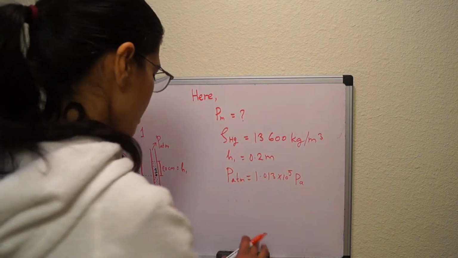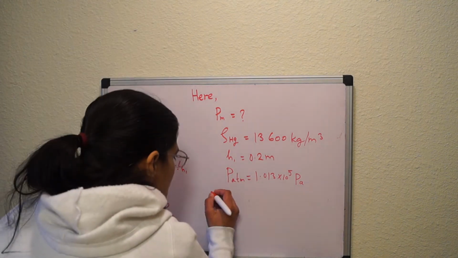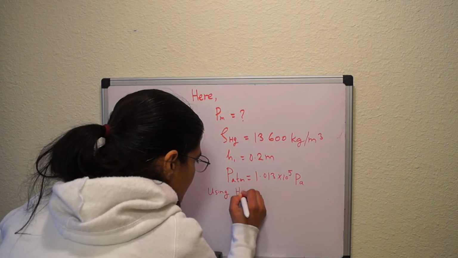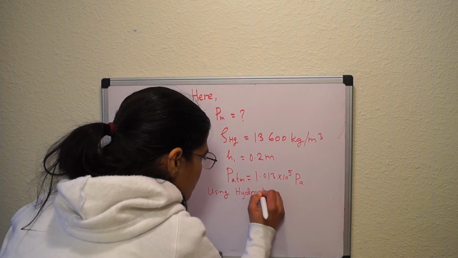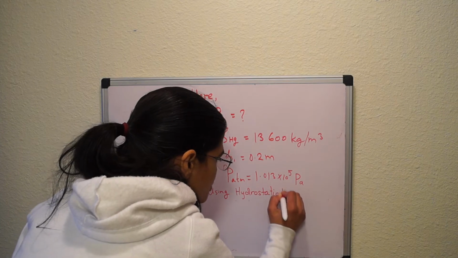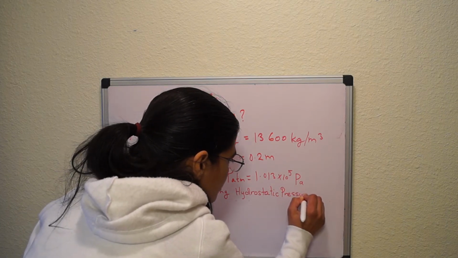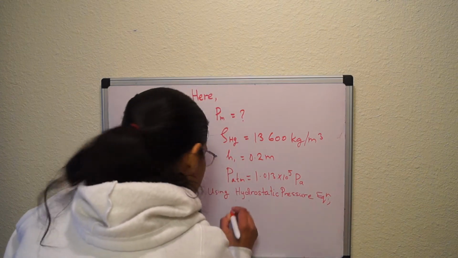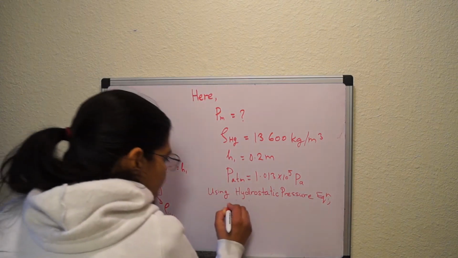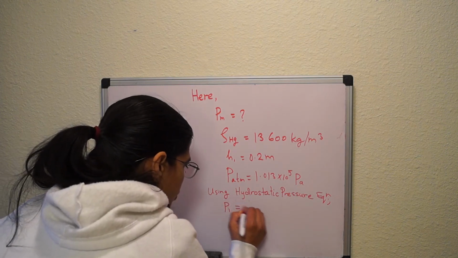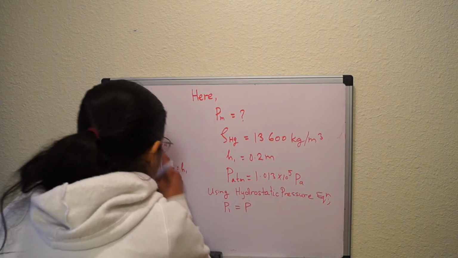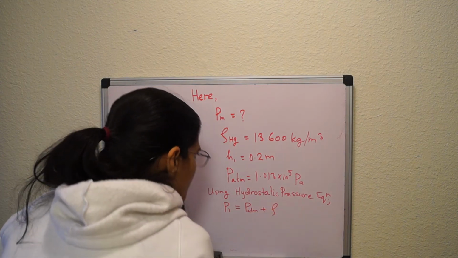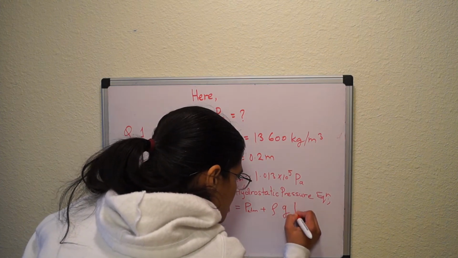So now let's do it here, step by step. Using the hydrostatic pressure equation, EQN means equation, we can write, let's call the pressure at point 1 P1, equal to P ATM, atmospheric pressure, plus rho g h.